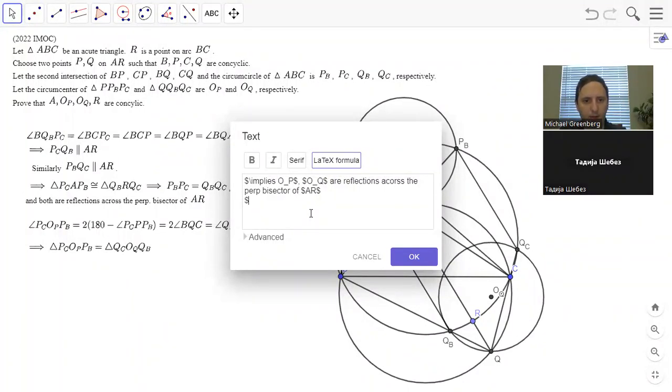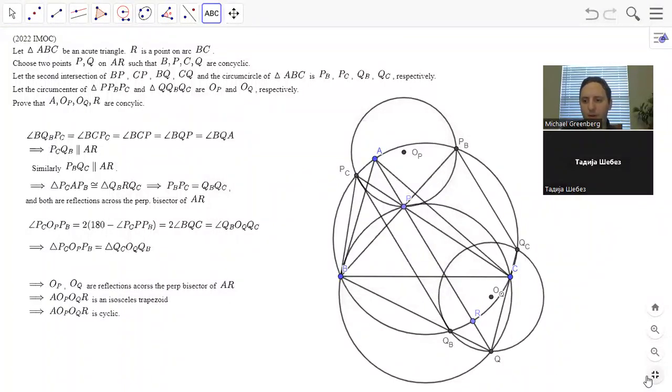And that means that AOPOQR is an isosceles trapezoid. And that means that AOPOQR is cyclic. All right. So yeah, that was an easier one.